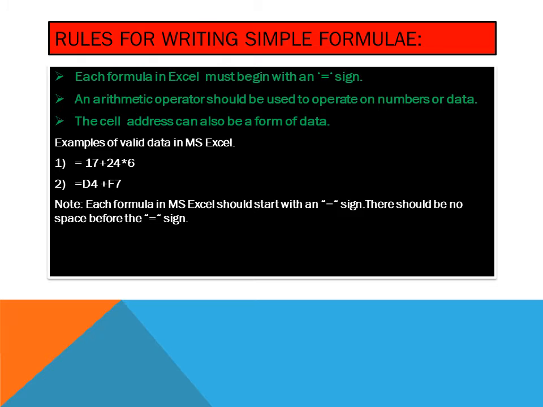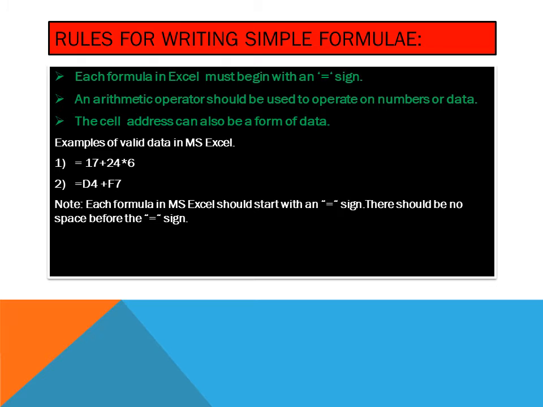Point number 3. The cell address can also be a form of data. Again, I've already told you in part 1 that even the cell address can be a part of the formula that we are writing. Like if we are using A1, B2, that is basically reflecting the cell address.